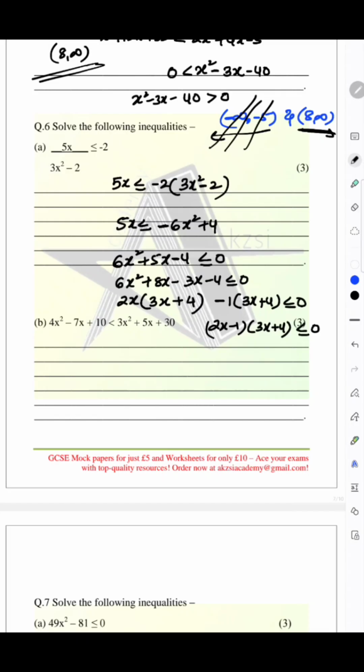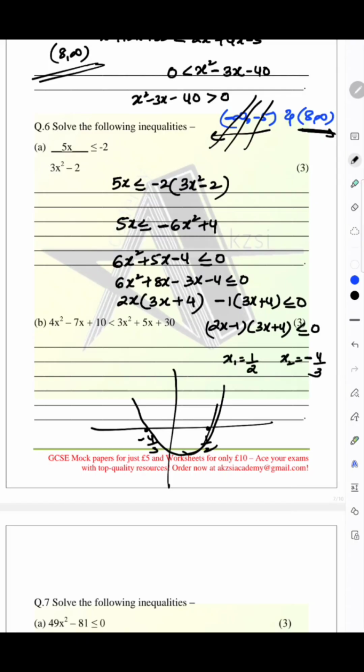Now we have to do the same thing. That means we have to find the values, I mean, replace the inequality with the equals sign. From here, I get x1 as half and x2 as negative 4 over 3. So on drawing here, my one root is negative 4 over 3, another is half. So it will be my curve.